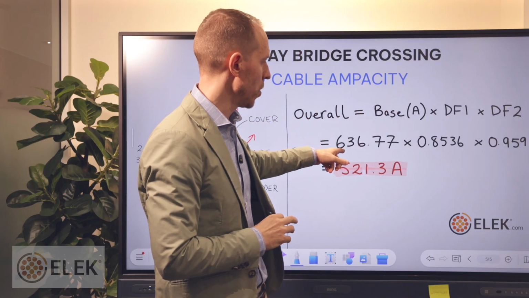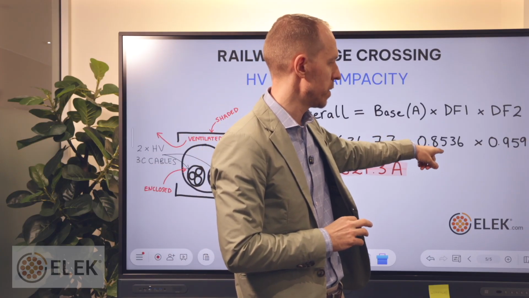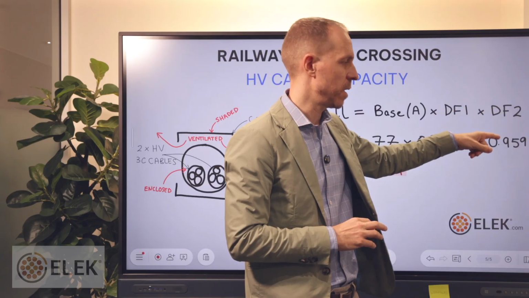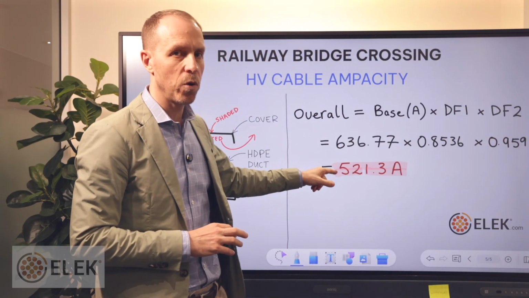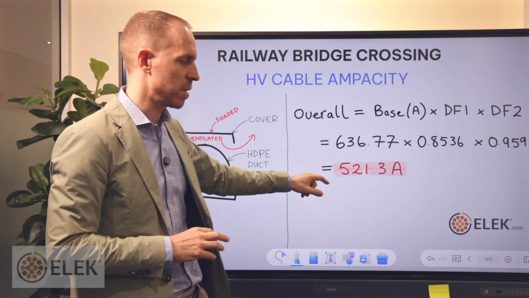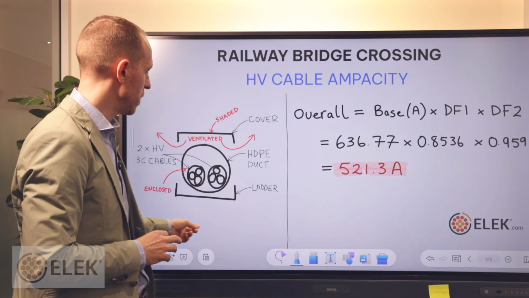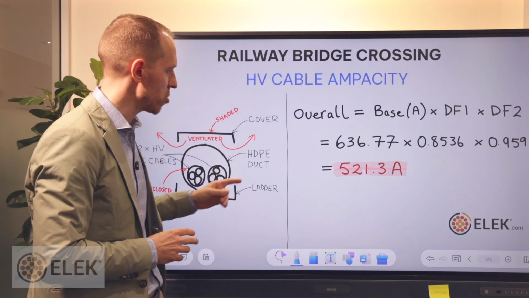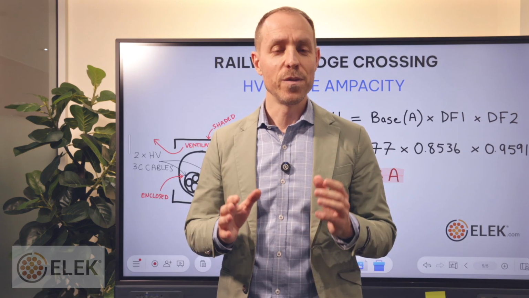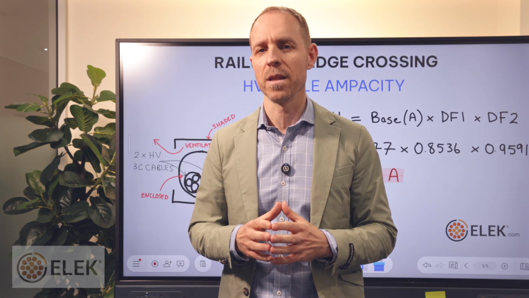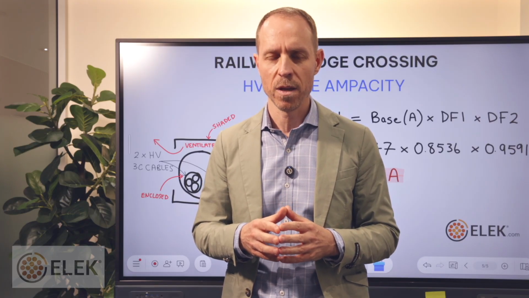So it's 636 amps multiplied by that derating factor 0.8536 multiplied by the second derating factor 0.9591, and the effective overall derated current capacity for one of these medium voltage cables installed in this non-standard installation condition is 521.3 amps.